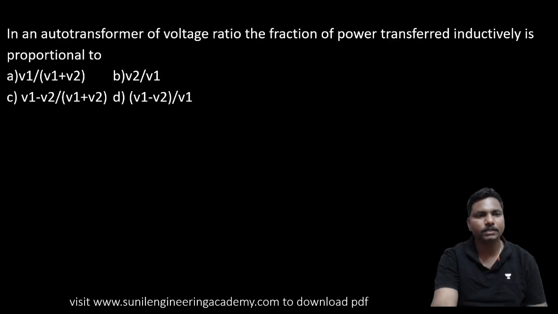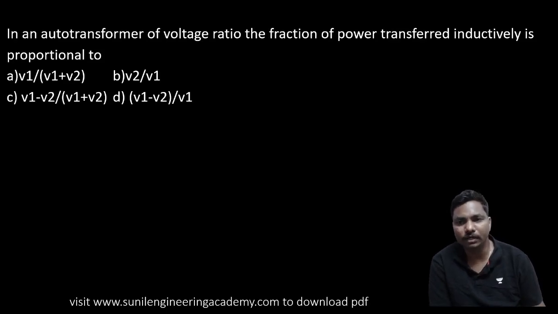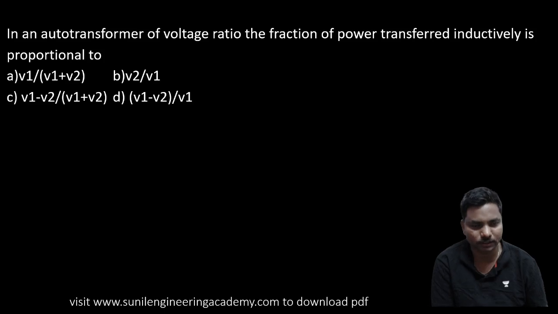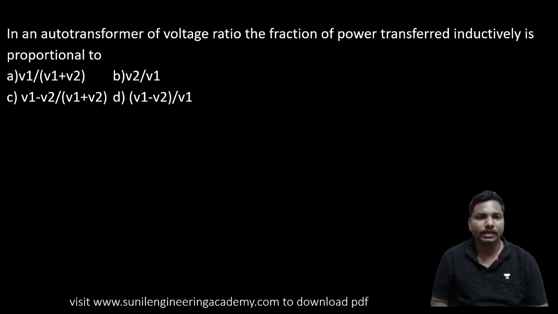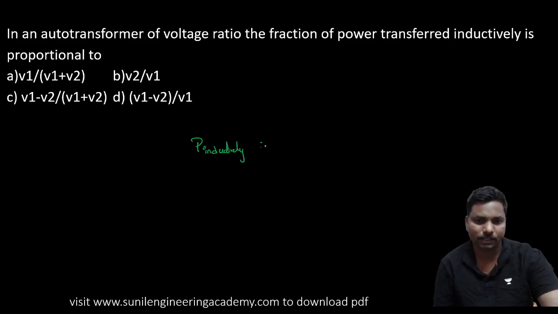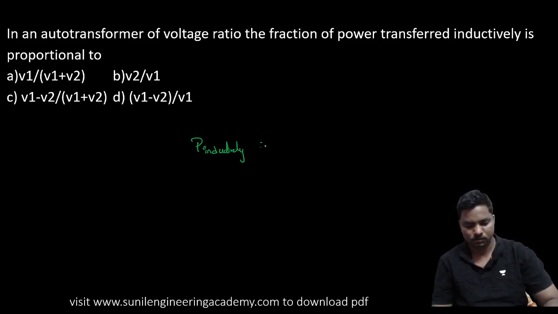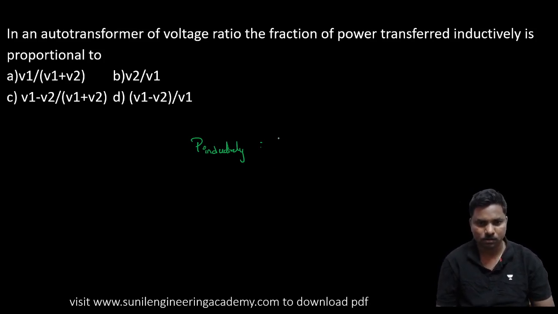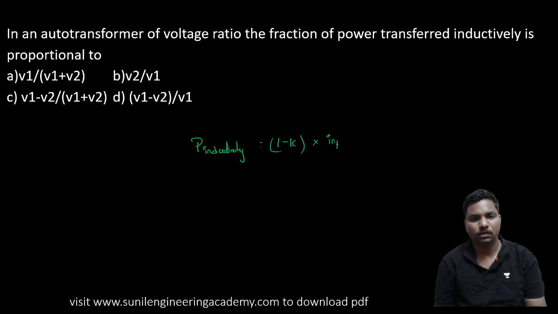Coming to the next question, guys. In an auto transformer of voltage ratio, the fraction of power transferred inductively is proportional to dash. So what is the power transferred inductively? It is 1 minus K times the input.